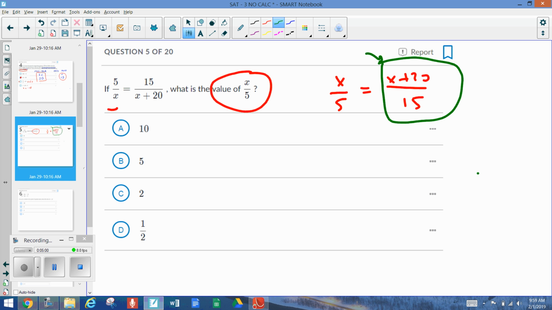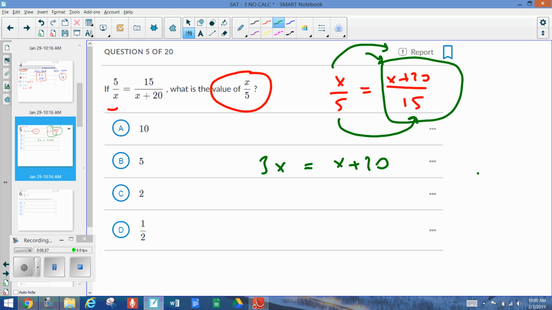There are two ways: you can do cross multiplication or apply this one. How many times? 3 times. So 3 times x is equal to x plus 20. Did you understand that?